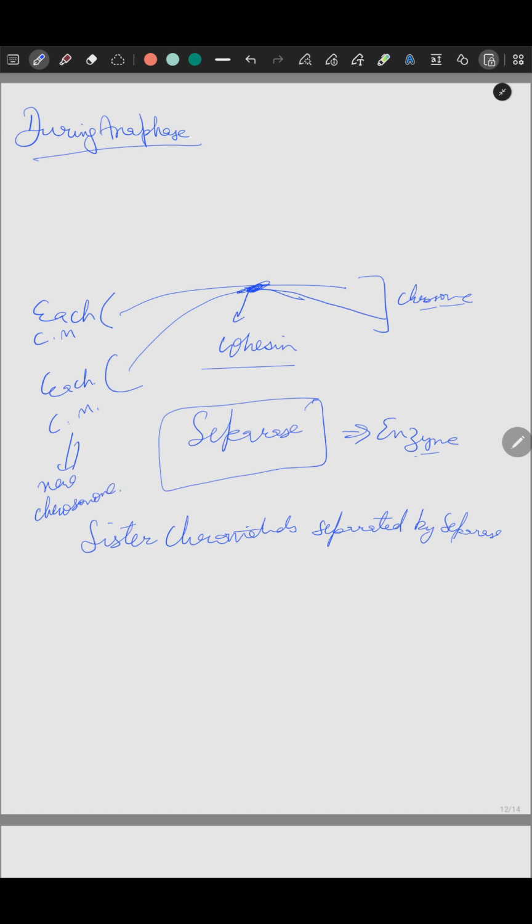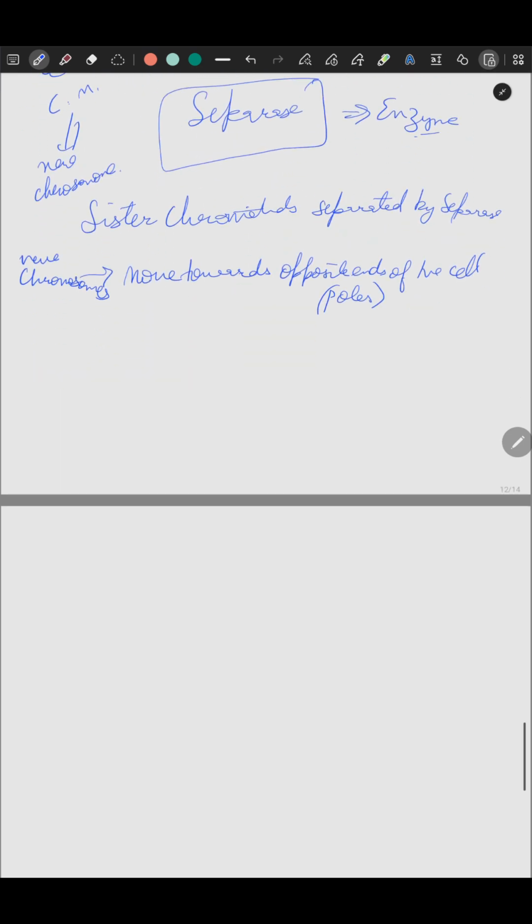These new chromosomes move towards opposite ends of the cell, or we can say opposite poles of the cell. Now let's talk about how they move.